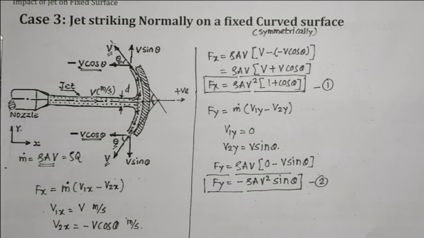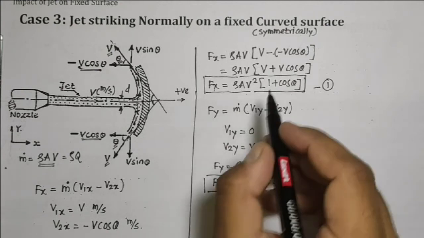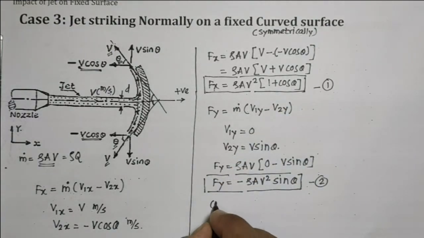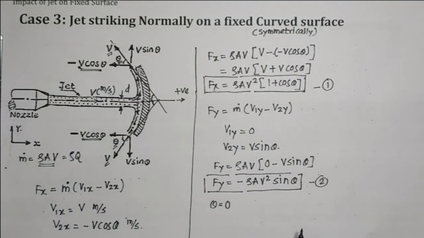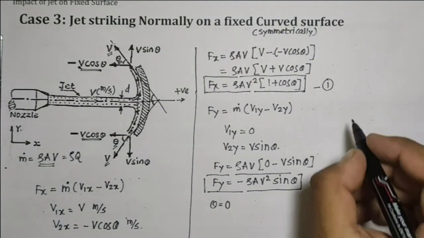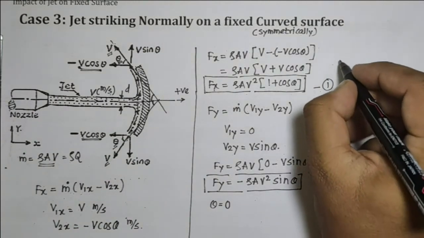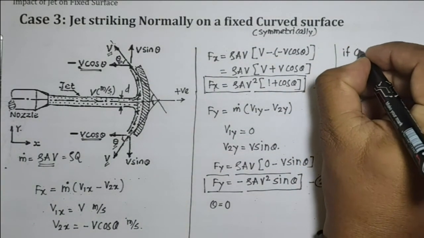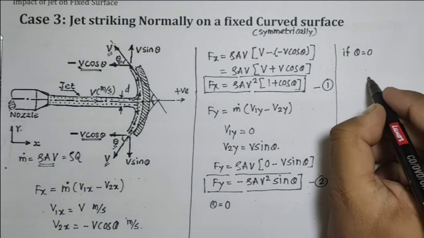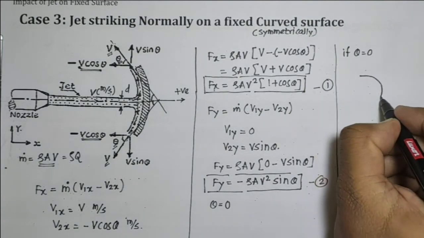Now we will consider a special case. What if this theta is 0? It means that if theta is equal to 0, we will have a kind of curved surface like this.